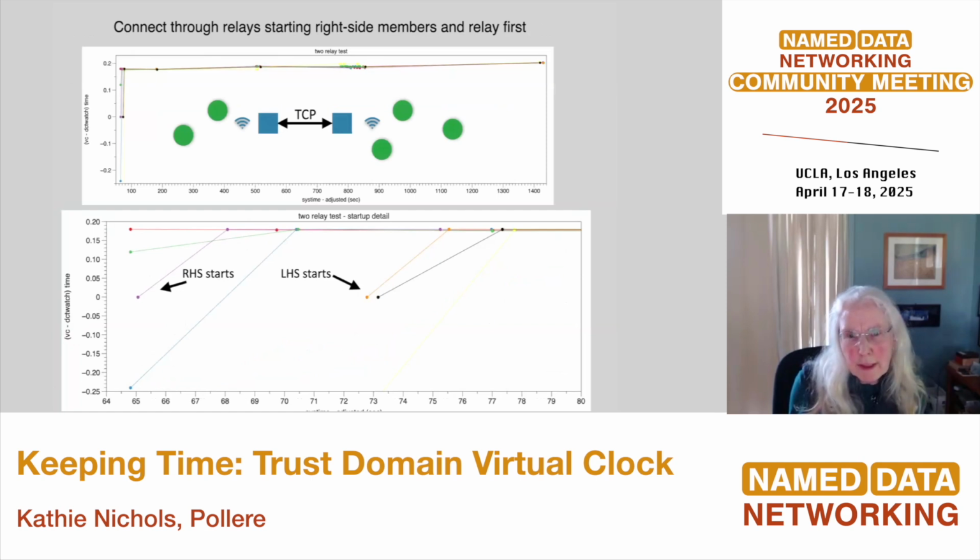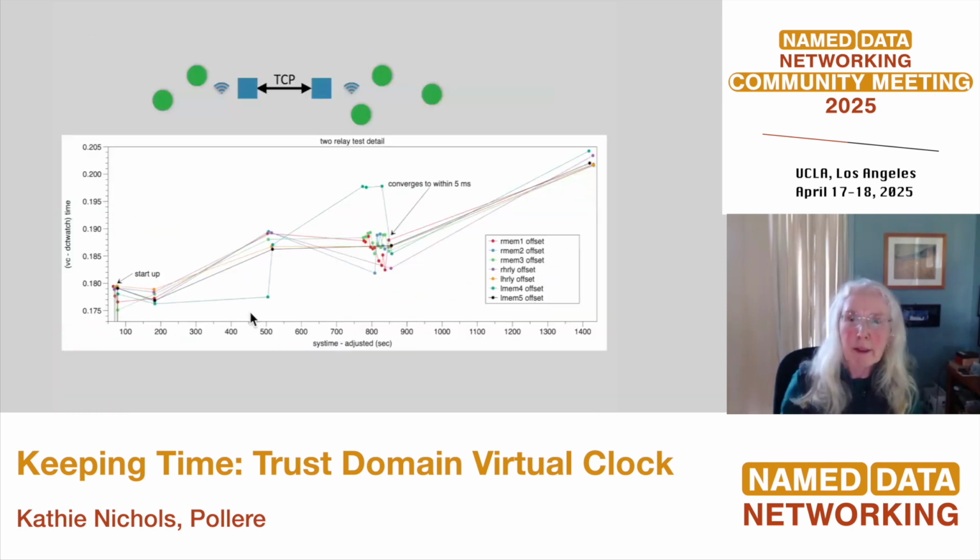One of the things I want to say that maybe I didn't emphasize so much before is that I started out looking at the median value, but what we really want to do is converge quickly. If somebody new comes along and joins the group, we want to bully them into having the same clock as everyone else.